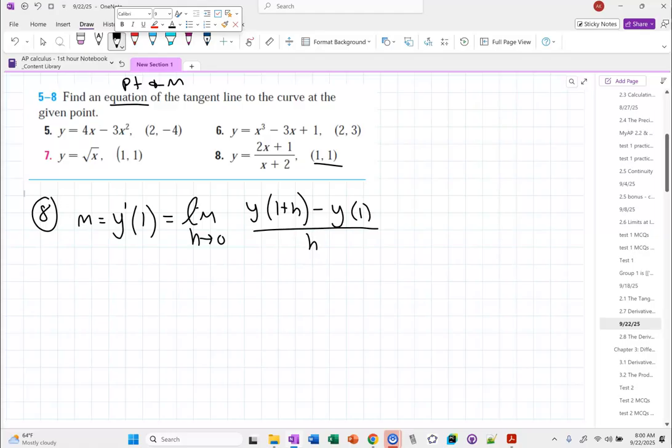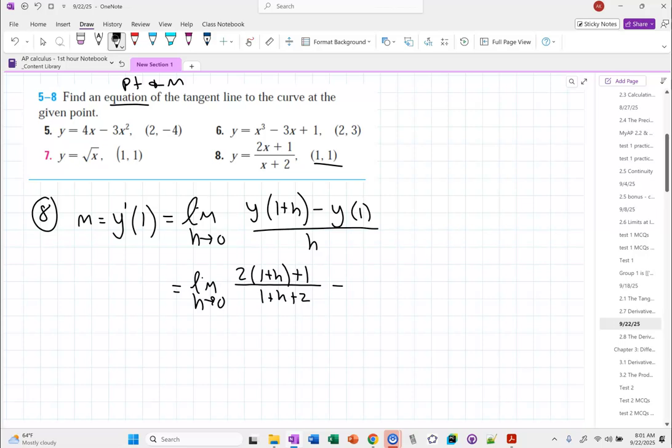All right, ready? Let's roll. So again, all we're going to be doing is plugging in. When I plug in the 1 plus h for x, and then what's y of 1?